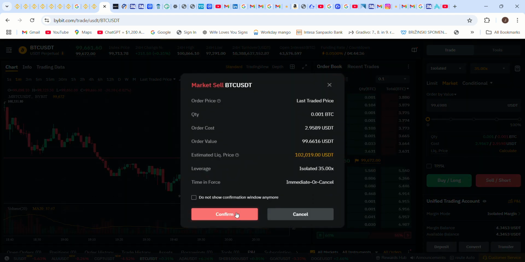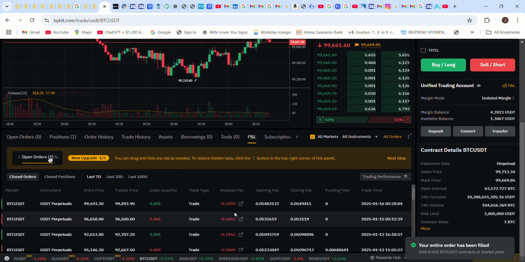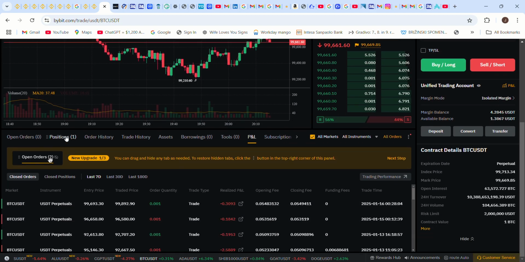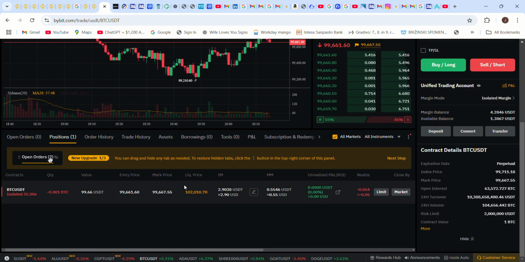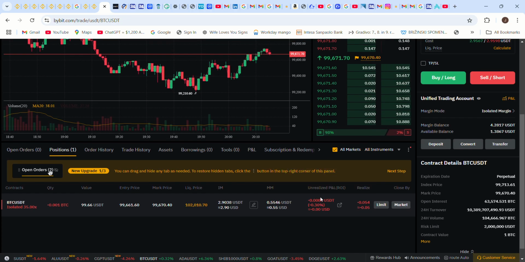Okay, confirm. Now you can check here what is going on. You go to positions, and you can see that we are at the moment losing 0.30%, and we also have to pay 5 cents of a fee.